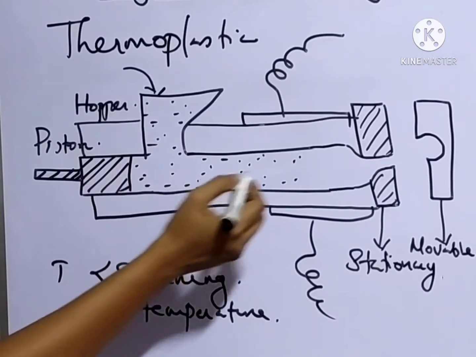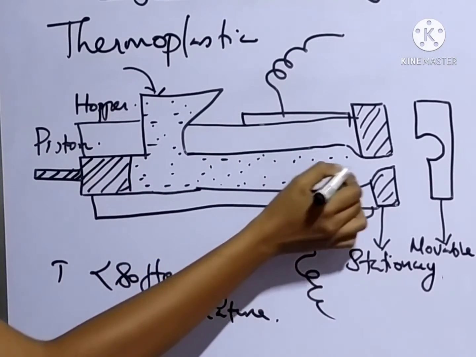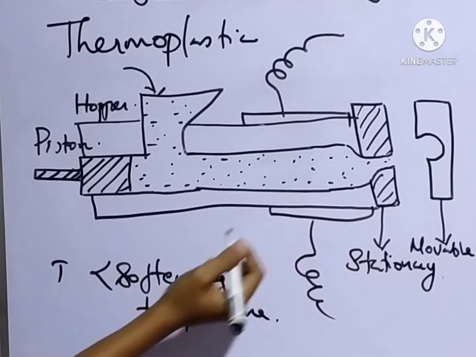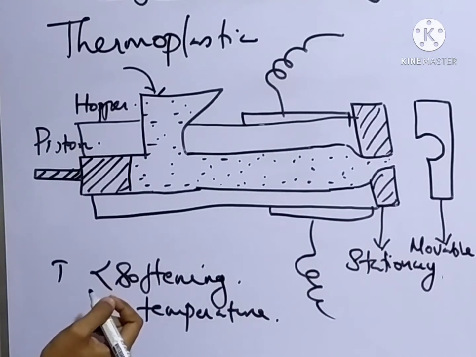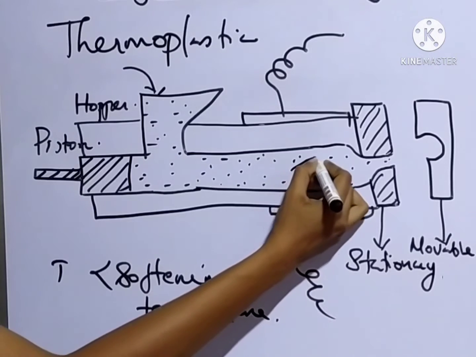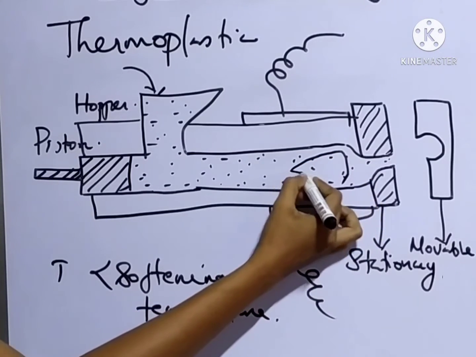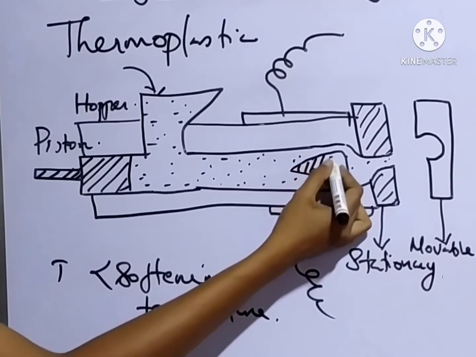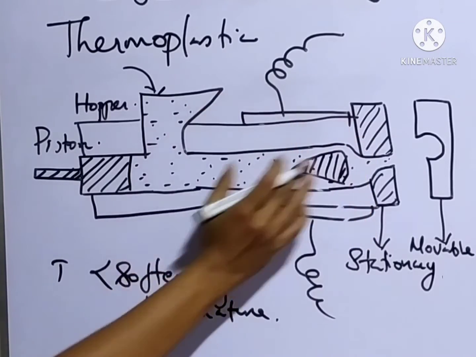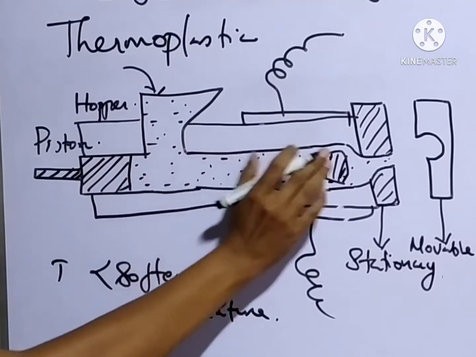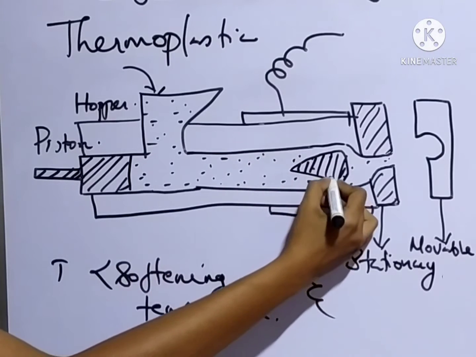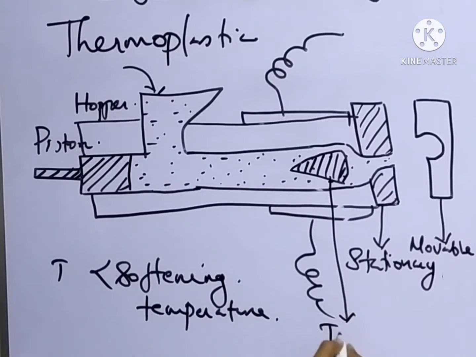Then near the next end there is an instrument called a torpedo, which helps to mix the polymer flowing through the cylinder. So this instrument is called a torpedo.